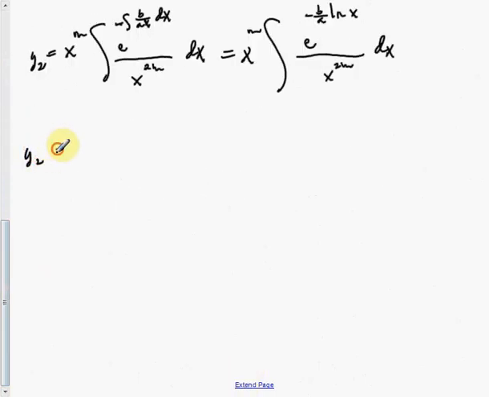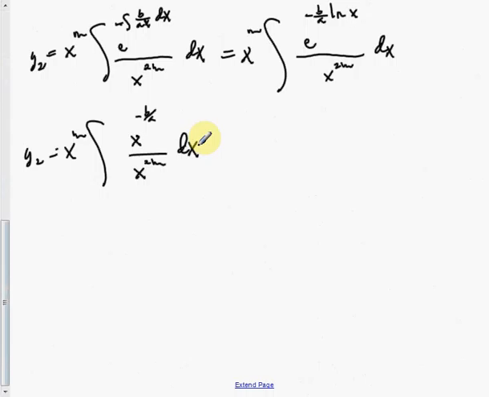So y sub 2 is equal to x to the m times the integral of x to the negative b over a, all over x to the 2m dx.